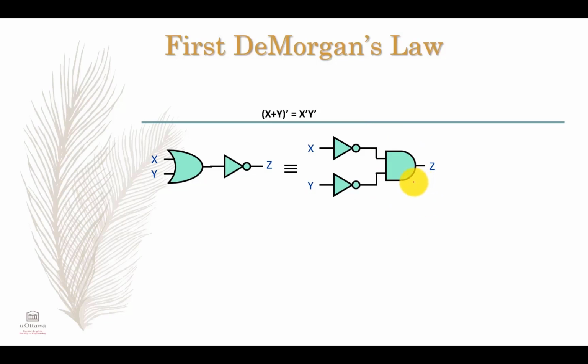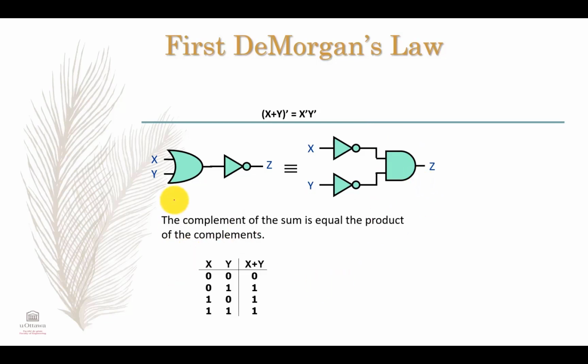Okay? So to prove that, I have a function Z with two variables, so I have a truth table with 4 possibilities. In order to find X plus Y, it's simply an OR gate between two inputs, so I will get 0, 1, 1, and 1.